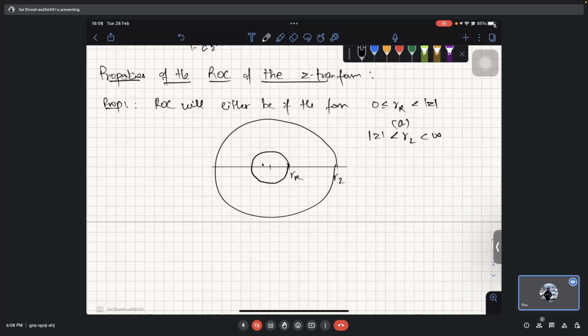Of this form: if it's a left-sided sequence, then this will be the region, or if it's a right-sided sequence, then this will be the region.